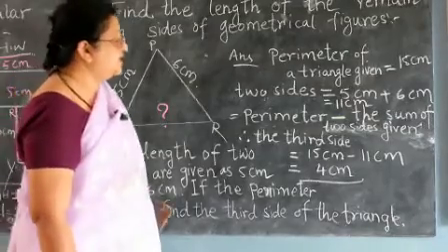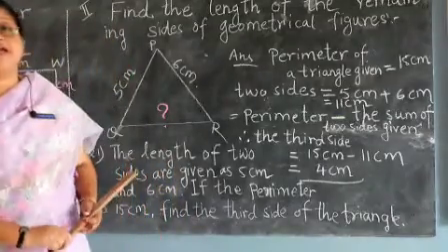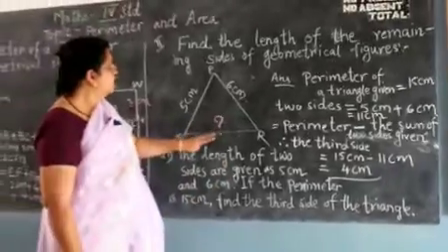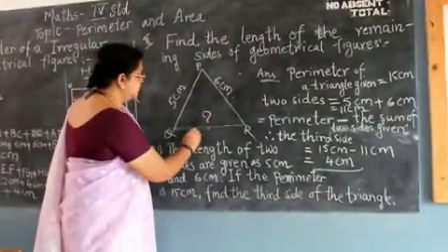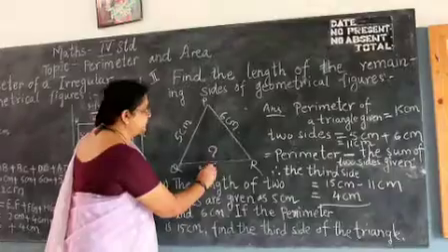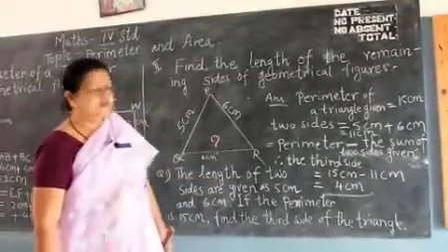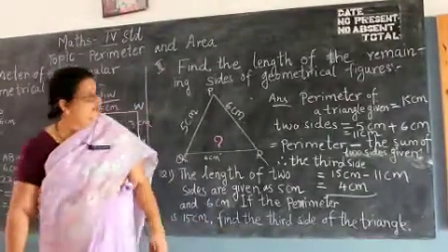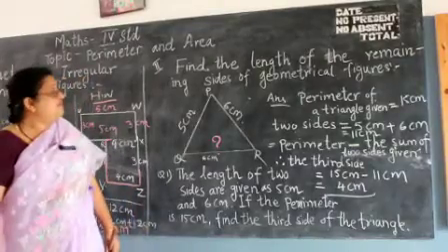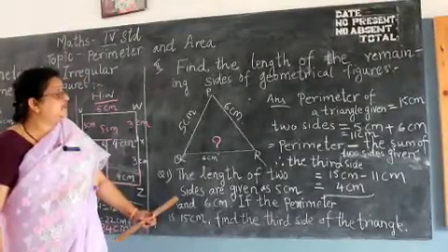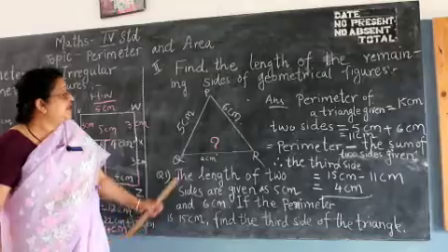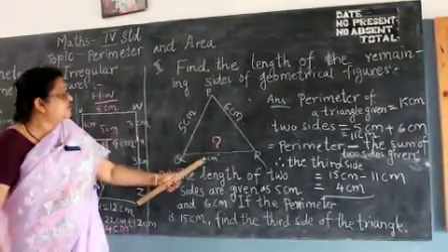Okay, so very simple, children. So how much do you get now? You get this is equal to 4 centimeter. Understood, all of you children? Once again look towards the board and very clearly understand. Okay, so you get the third side 4 centimeter.